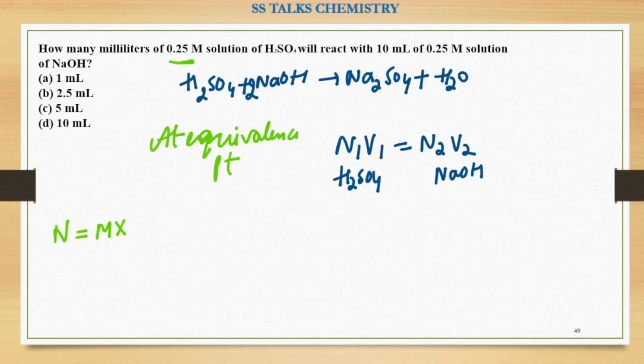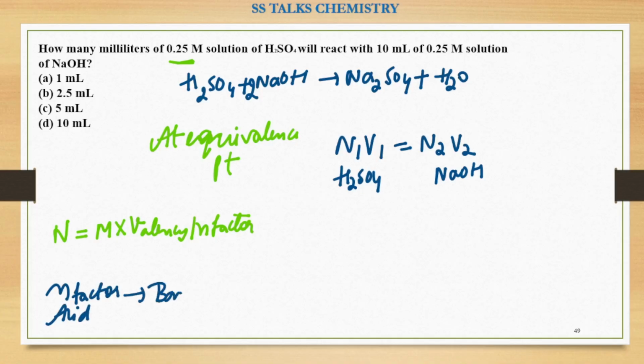Normality is nothing but the molarity into the valency, or we can call it the N factor. I told in the last class also that for acids, the N factor is equal to the basicity, that is, the number of replaceable hydrogen ions that particular acid has.